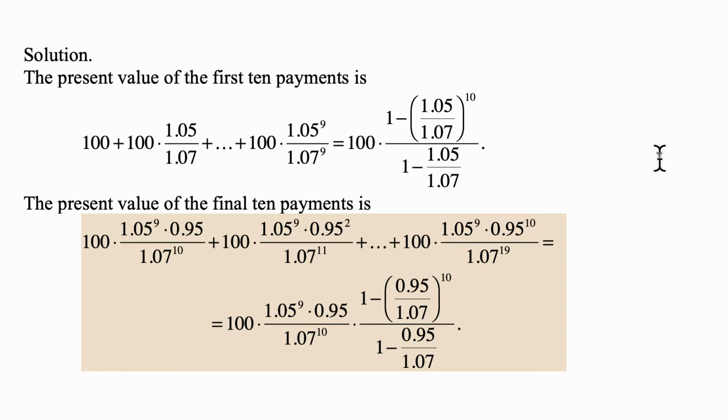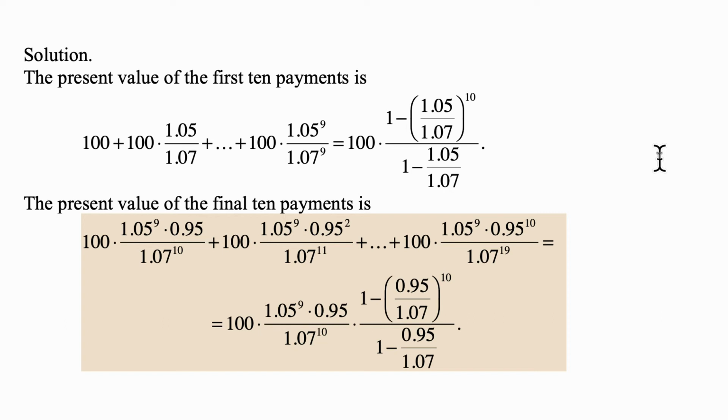We factor out 100 times 1.05 to the 9th times 0.95 divided by 1.07 to the 10th, and what we are left with is a partial sum of a geometric series, for which we can again use the formula for that partial sum. This becomes 1 minus 0.95 over 1.07, which is the ratio of that series, the whole ratio taken to the 10th power for the 10 terms that we're dealing with.